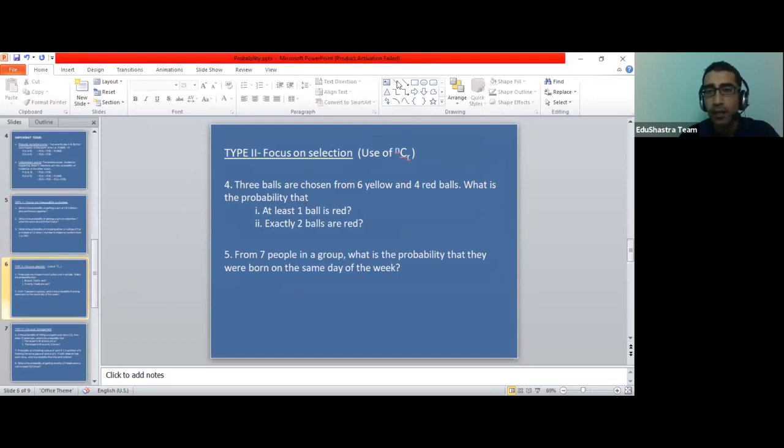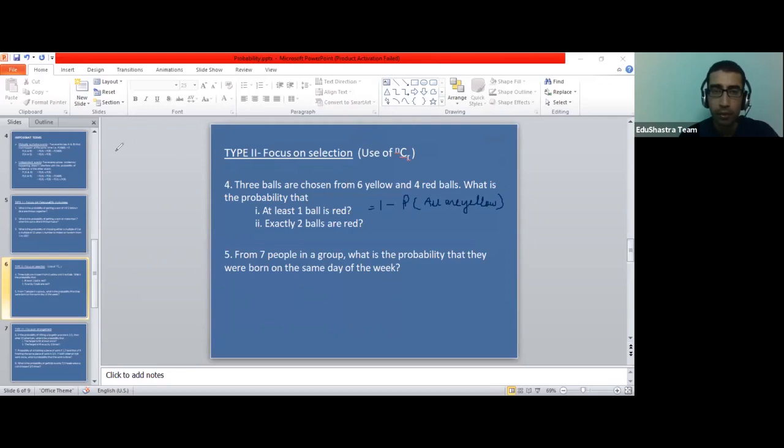Like we discussed, the probability that at least 1 ball is red can be seen as 1 minus the probability that no ball is red. And that can be seen as 1 minus the probability that all balls are yellow, because if you subtract the probability that all are yellow from 1, you get the probability that at least 1 is red.